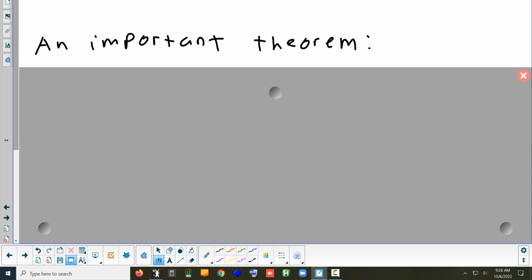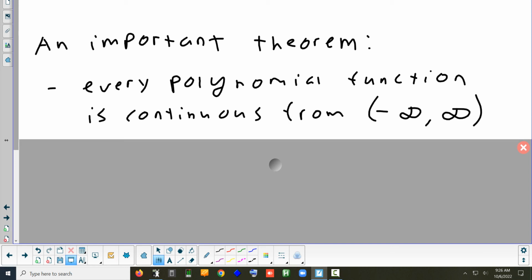Now, polynomials. Okay, that's what we started to talk a little bit about yesterday. Polynomials never have square roots in them, and polynomials never have variables in the bottom of a fraction. So because of that, every single polynomial is continuous all of the time.